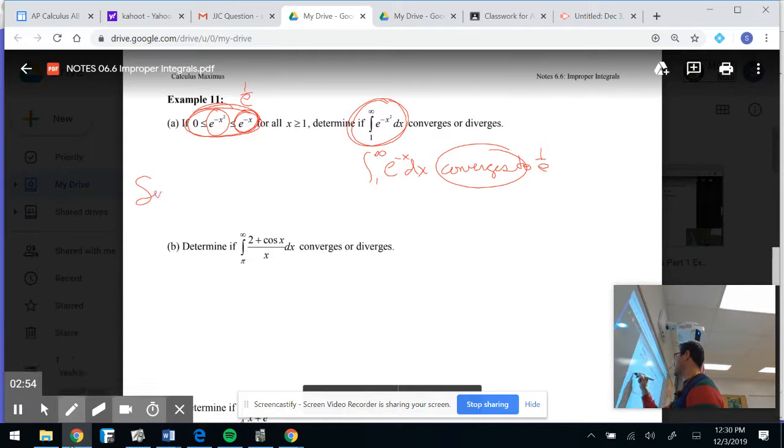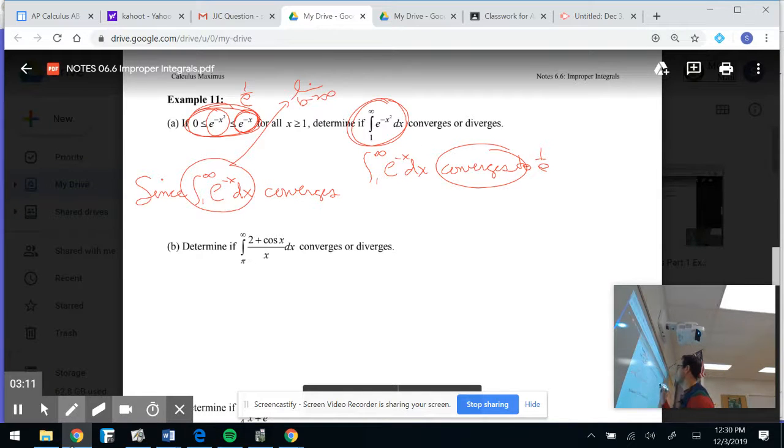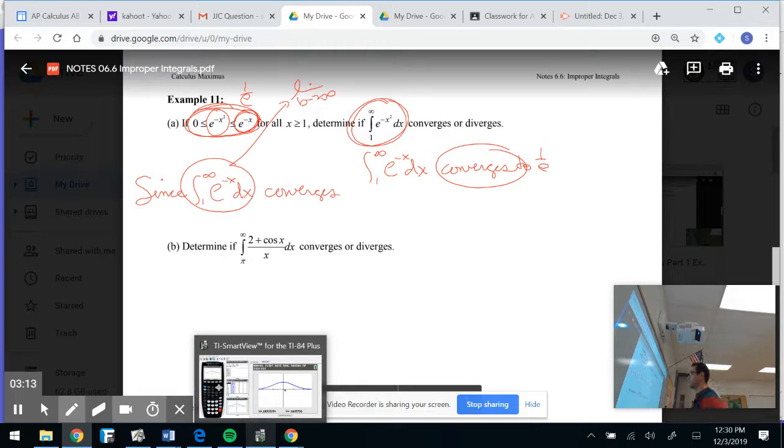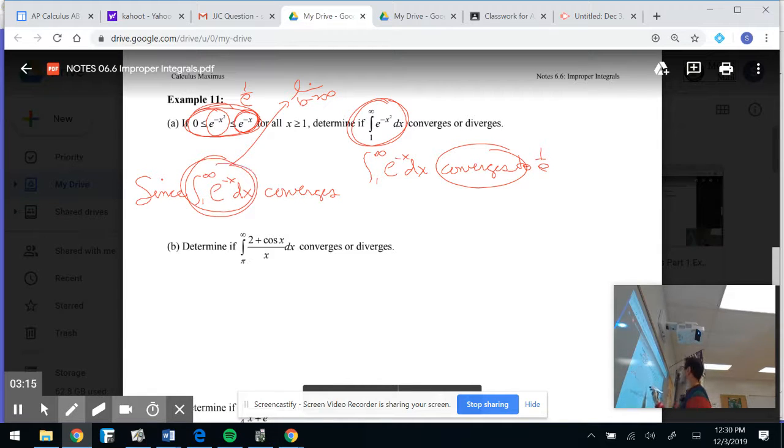So we write, since the integral from 1 to infinity of e to the negative x dx converges. Now, if this was an actual AP exam, you would have to show this using improper integrals, right? But we did that already, so I'm going to save some time. Since we've already shown that this converges, and it's very important that we have this inequality, this has to be true.